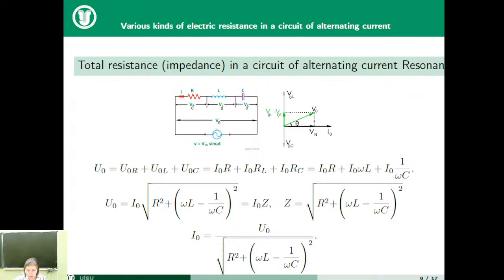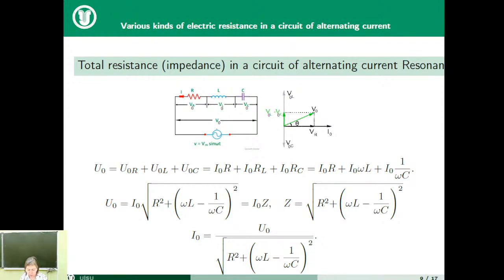The current is equal to I0 sine omega t. We shall define how the voltage will change. The sum of the voltage drops on R, L and C is equal to the applied voltage. And we can write down U0, it's the voltage of resistance, and voltage of a coil, and voltage of condenser.